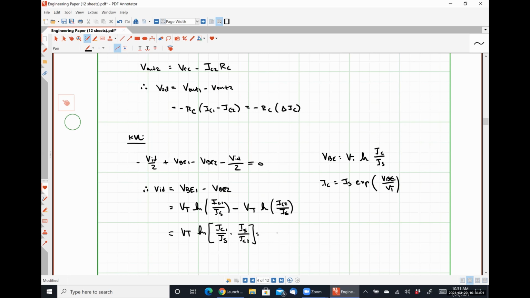This gives me VT natural log IC1 over IC2. Now, we have made an assumption here, so let me be very explicit about it. This IS and this IS only cancel each other if our transistors are identical.